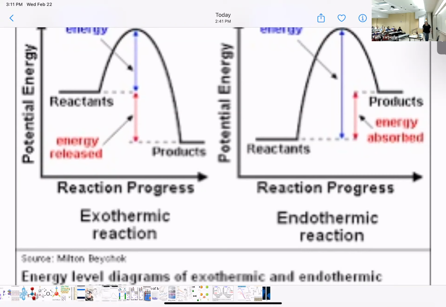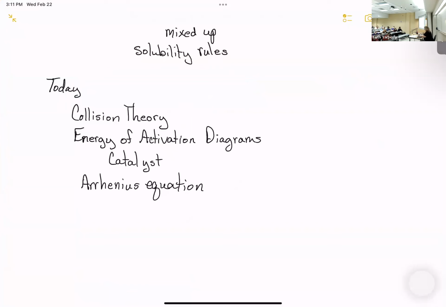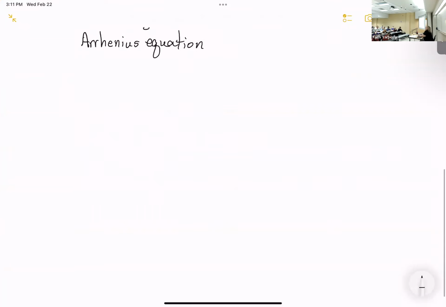I'm actually going to draw it instead of using this, simply because I want to get rid of that screen. So when you have an energy of activation diagram, from a general perspective, on the x-axis we are talking about the reaction progress.